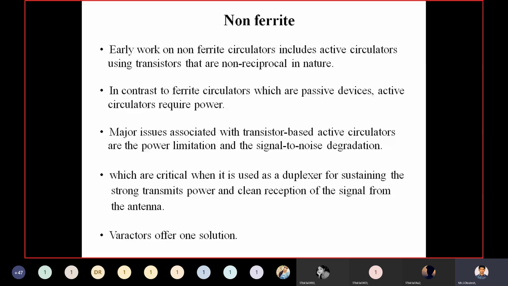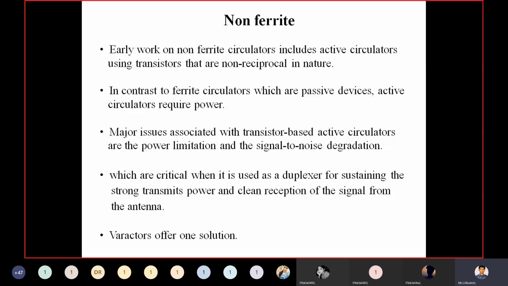In contrast to ferrite circulators, which are passive devices, active circulators require power. The major issues associated with transistor-based active circulators are the power limitation and the signal noise degradation.